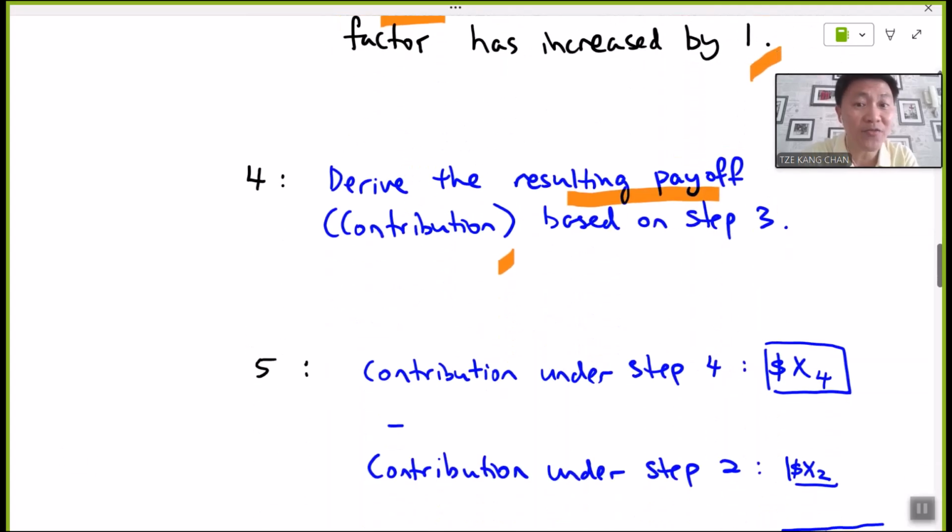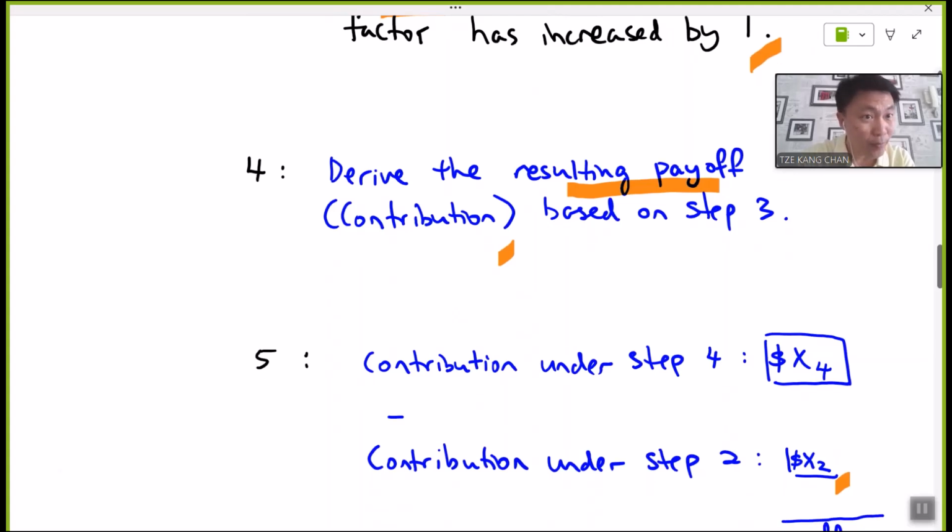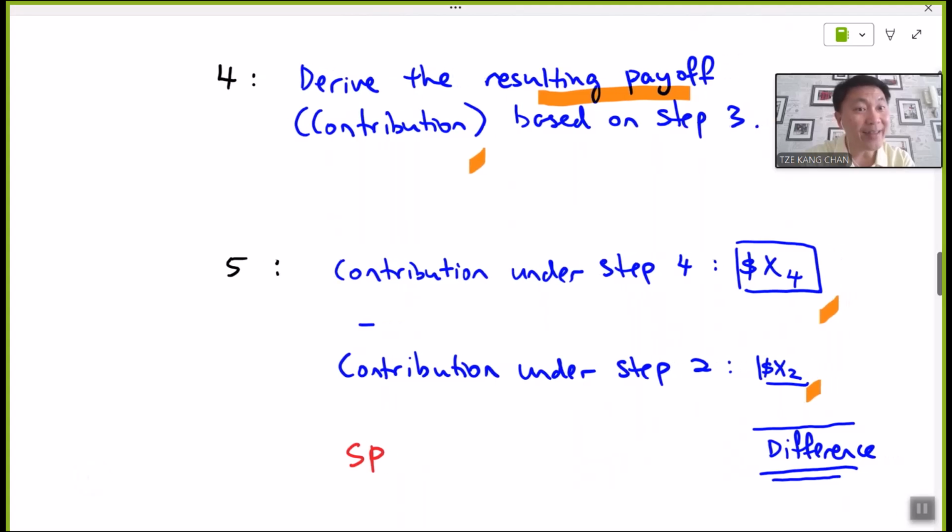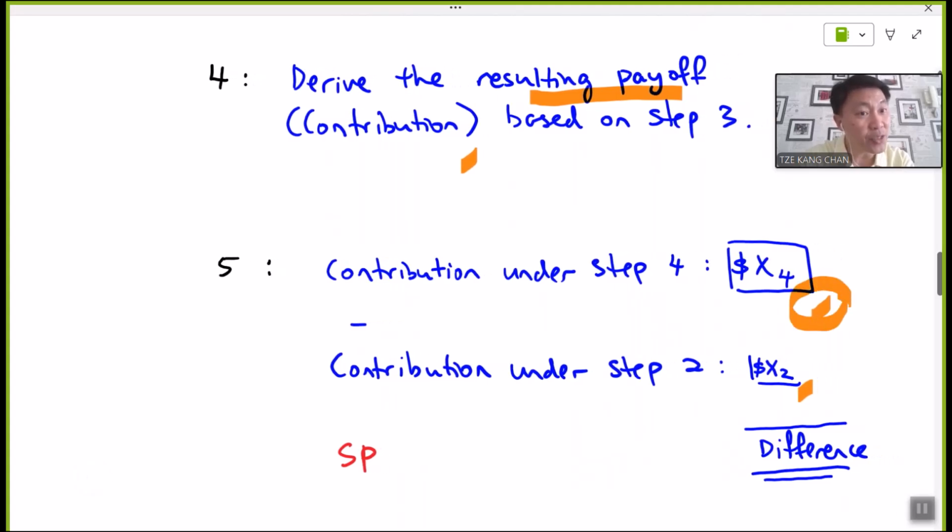With the two sets of contributions derived, the first one from step 2 before the increment in the limiting factor, compared to the contribution on the revised optimal production plan with the increment of 1 unit on the limiting factor, it is likely that the latter, the revised contribution, will be higher than the earlier one. The difference represents the incremental contribution, which represents the value of shadow price.